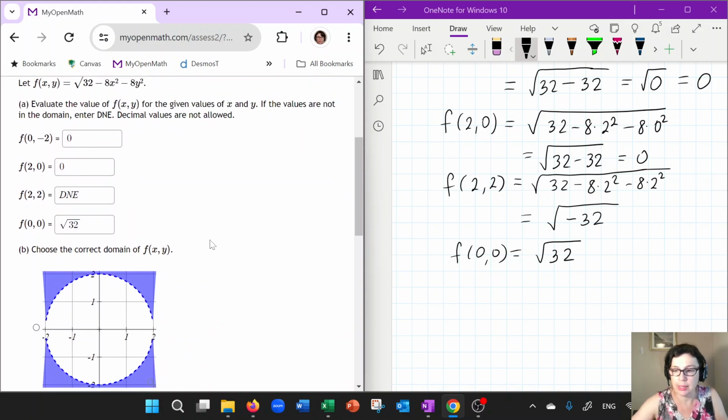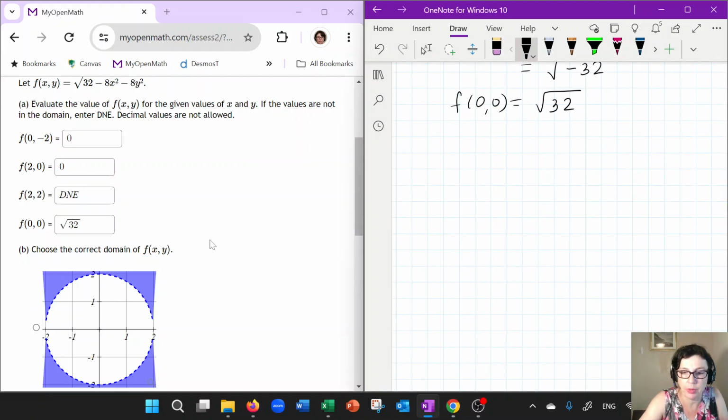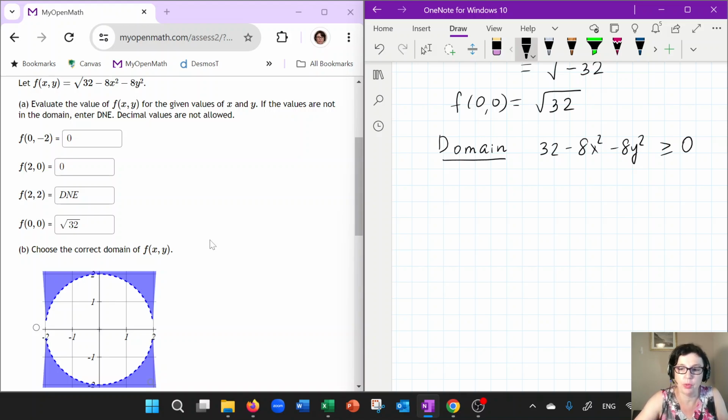Okay, so next, let's figure out the domain of this function. Again, go back to the fact that 32 minus 8x squared minus 8y squared should be greater than or equal to 0. To solve this inequality, the first thing we do is make it equal 0, and that's going to be the boundary of the domain. So we make it equal 0 and see if we can rewrite it in a format that we recognize.